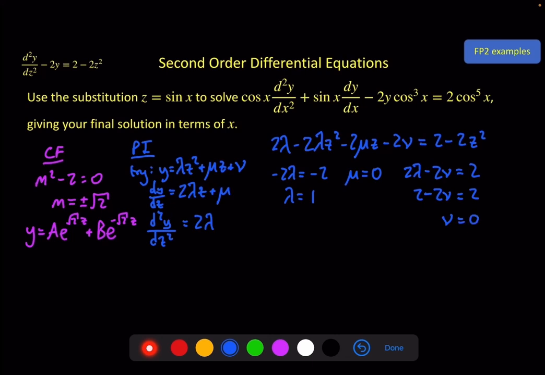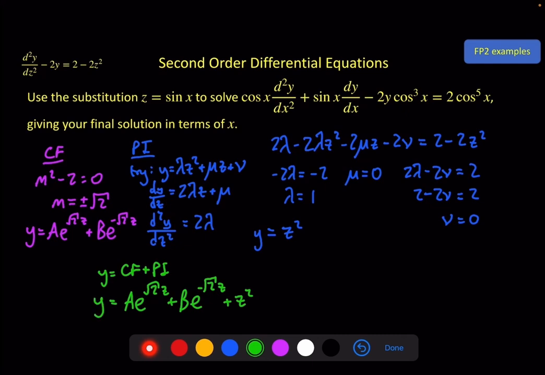So our particular integral is actually quite nice, it's just z squared. That means our general solution, complementary function plus particular integral, is equal to a e to the root 2z plus b e to the minus root 2z plus z squared.